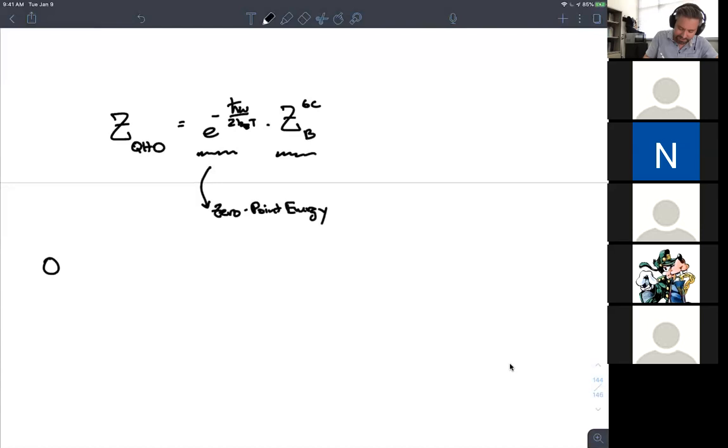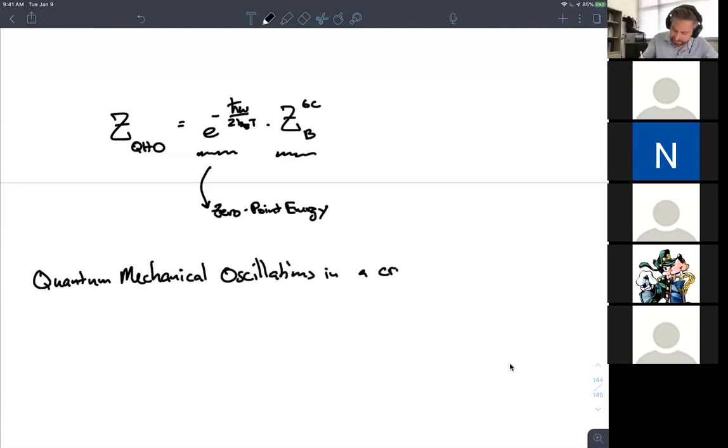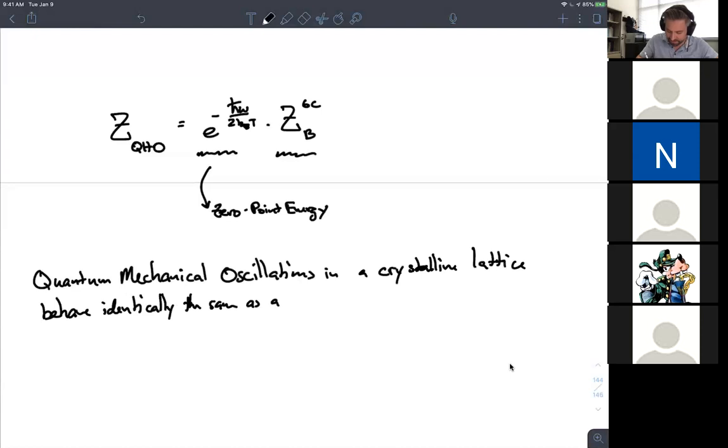All right, so the oscillations, well, let's do better than that. Let's say the quantum mechanical oscillations in a crystalline lattice behave identically the same as a collection of boson particles.